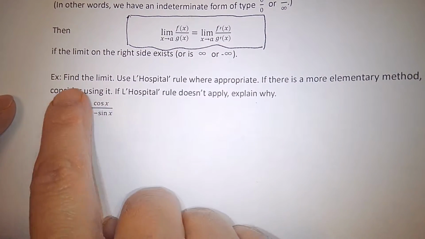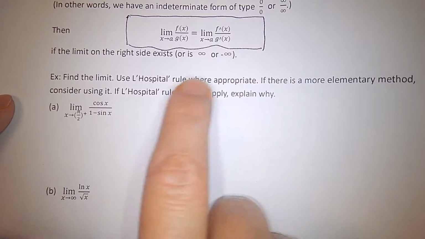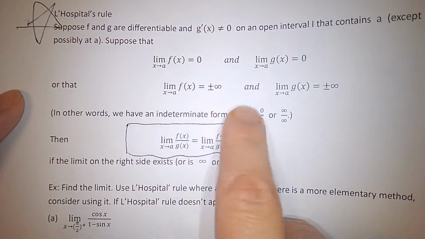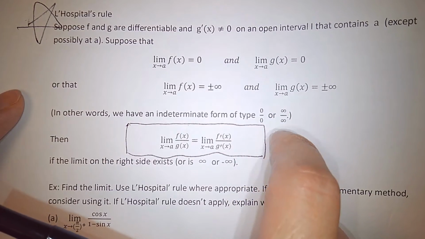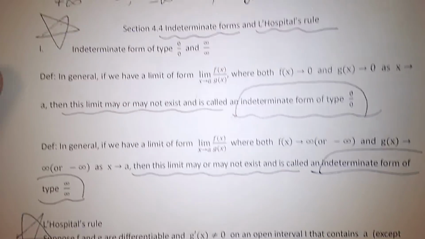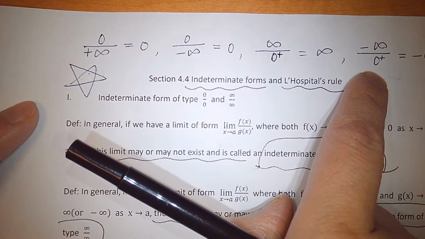We're going to find the limits, using L'Hospital's rule if appropriate. So when can we use L'Hospital's rule so far? Only when we encounter 0 over 0 or infinity over infinity type. If we encounter these types directly, are we able to use L'Hospital's rule?